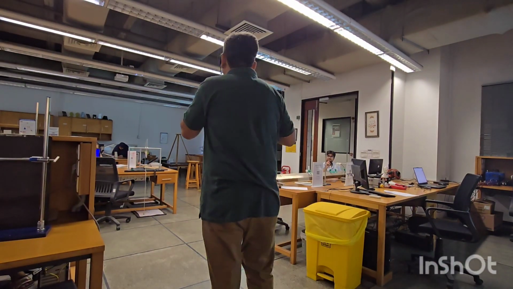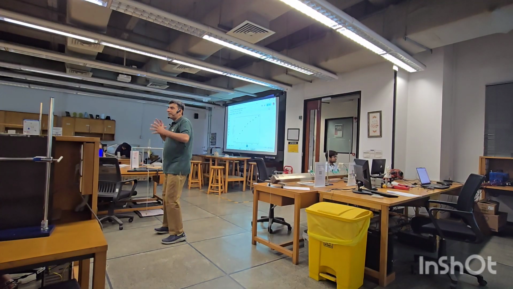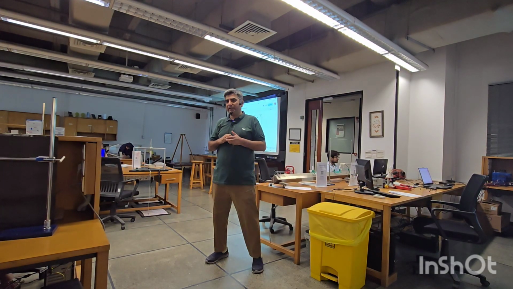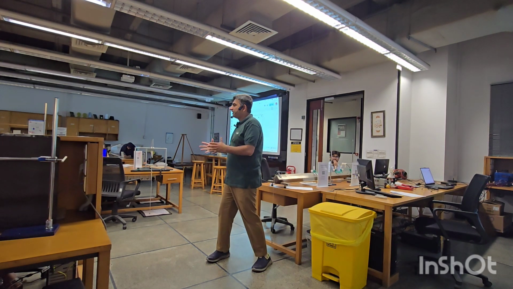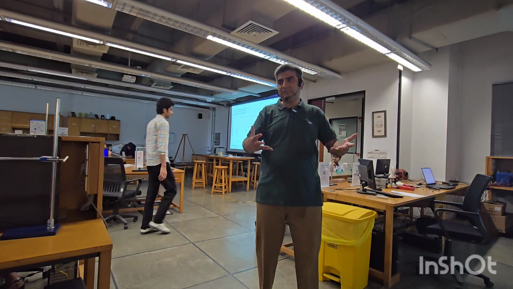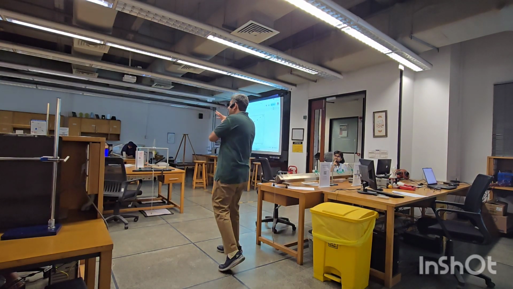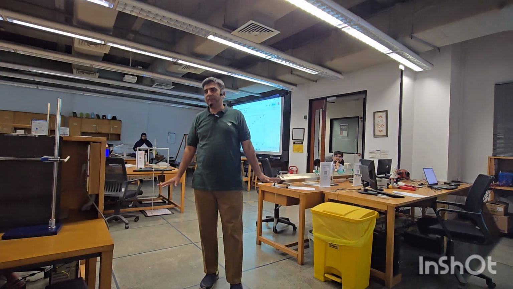So now, in order to develop an idea of how you measure the resistance, you would like to develop a model. Once you have data, you would like to look for a model. What is a model? A model is a mathematical description of how this data can be explained.